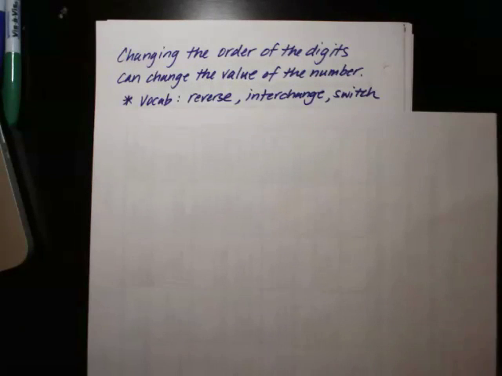Some of those words are reverse, interchange, or switch. Whenever you see any of these words, it means you're going to change the order of the digits, and that may change the value of the number. So just keep that in mind.